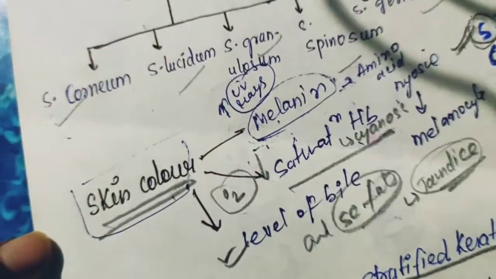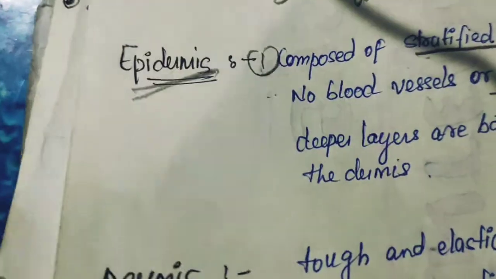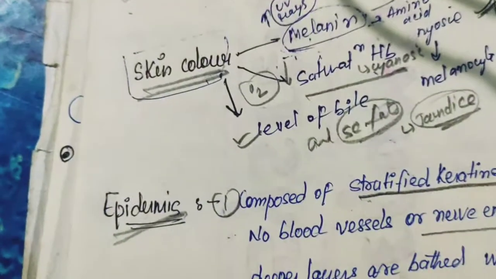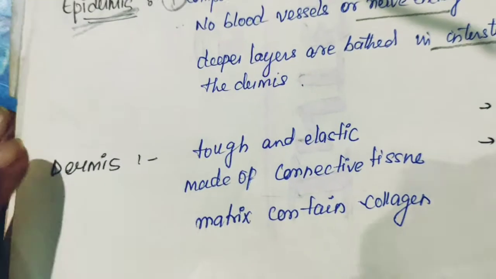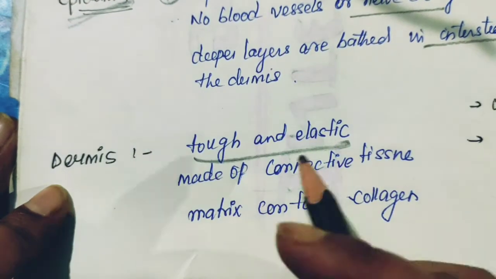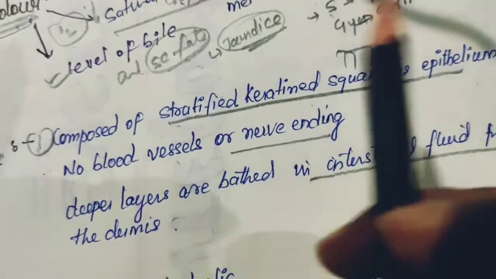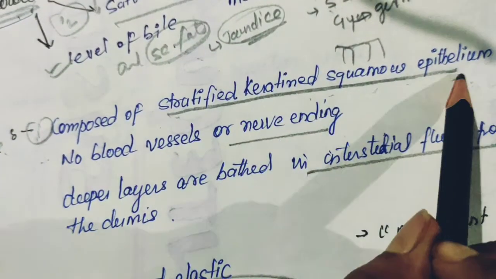Now, what does the dermis do? The dermis has a very tough and elastic structure. It is made up of connective tissue, whereas the epidermis is made up of stratified squamous epithelium.